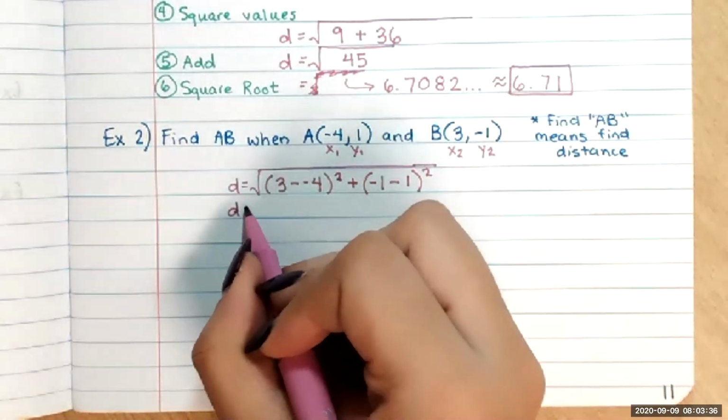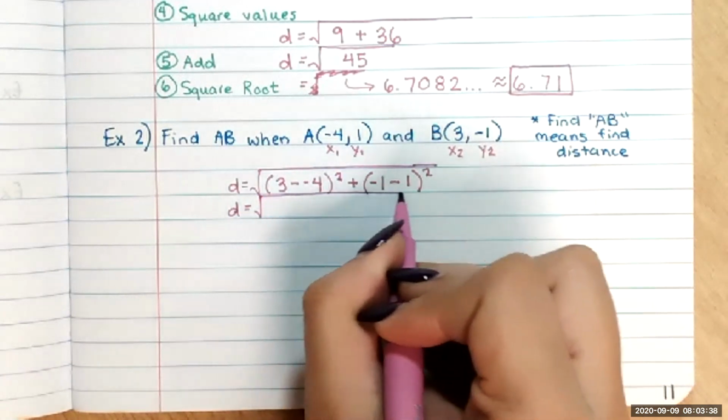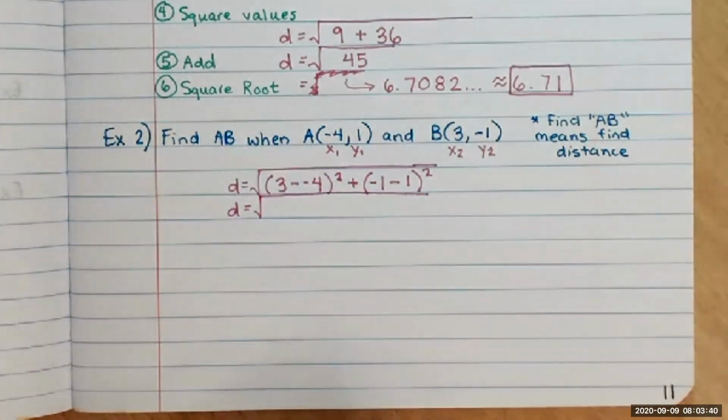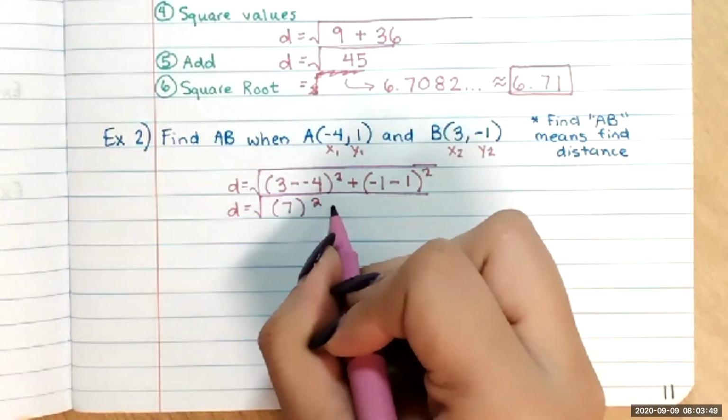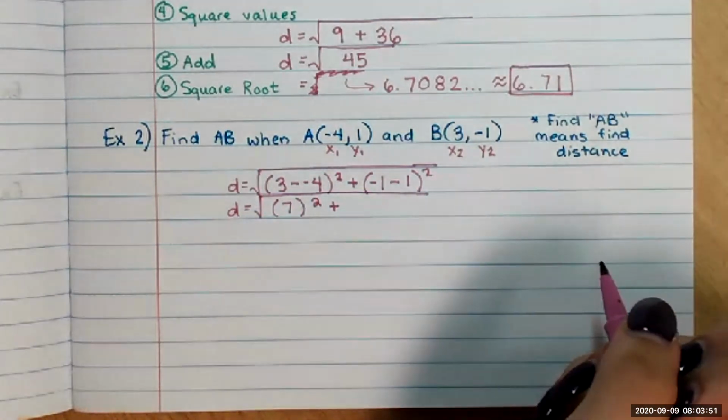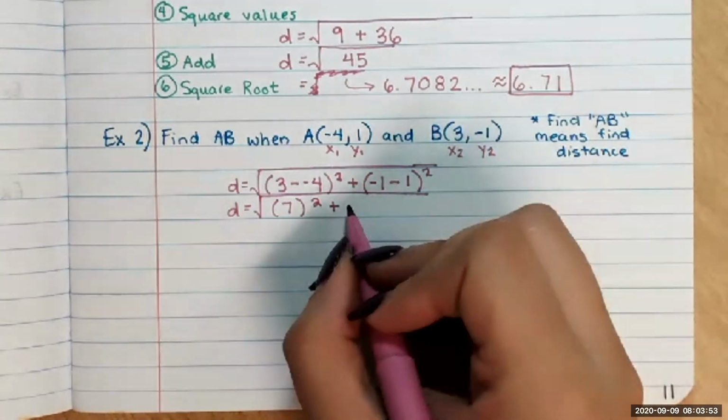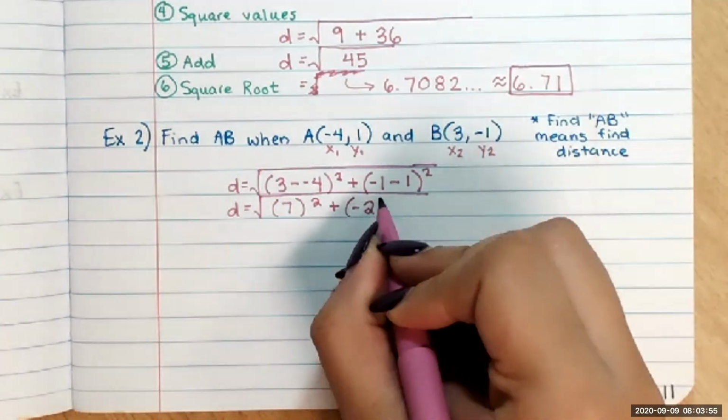So first, I'm going to simplify what's in the parentheses by subtracting. So 3 minus -4 becomes 3 plus 4, and that's 7. -1 minus 1 will give me -2.